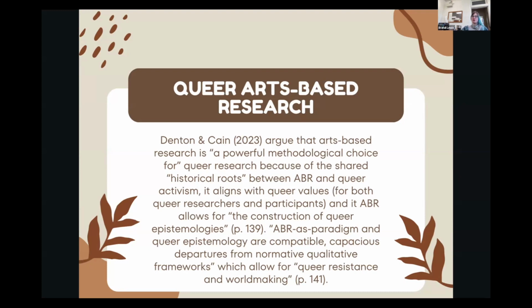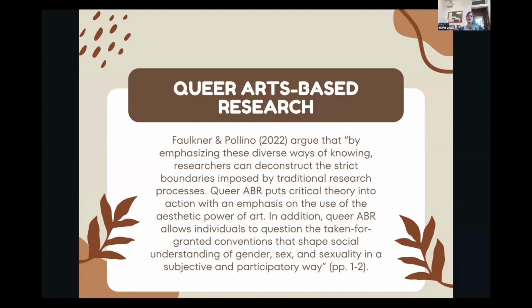So they argue that arts-based research as a paradigm and queer epistemology are compatible and are capacious departures from normative qualitative frameworks. Some of the framing that I'm seeing is that there is space to make strange, there's open-endedness, there's ambiguity, there's flux, there's hybridity, in the same ways that we're seeing in arts-based research.